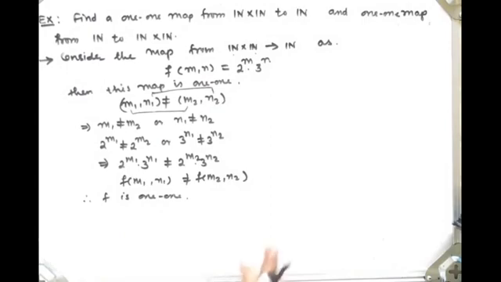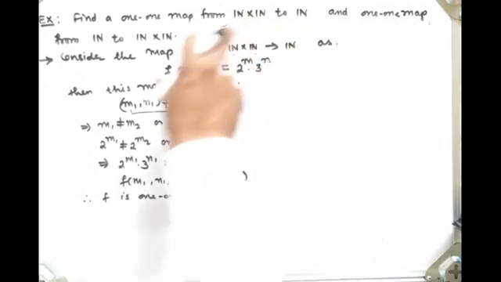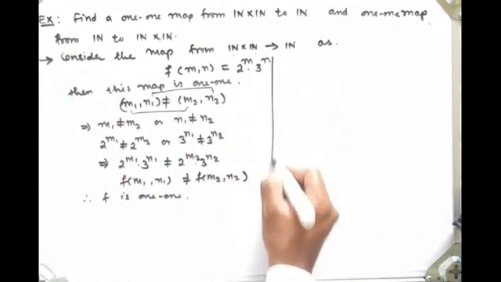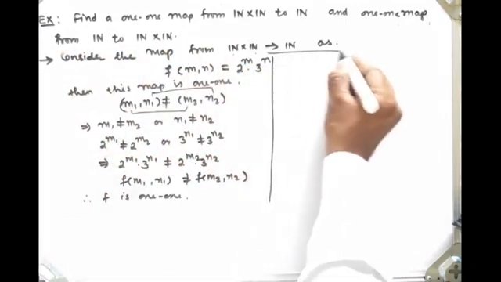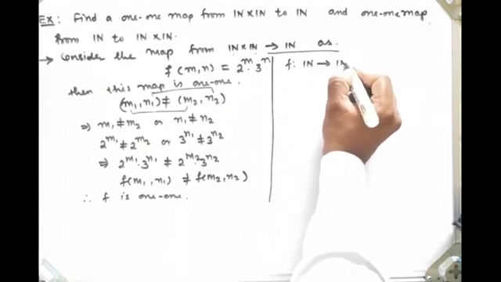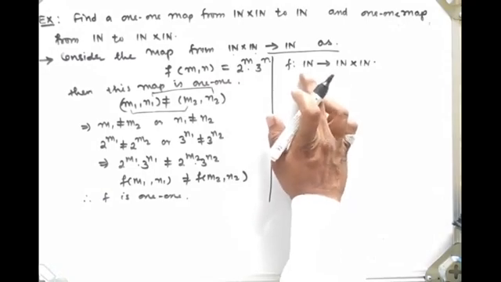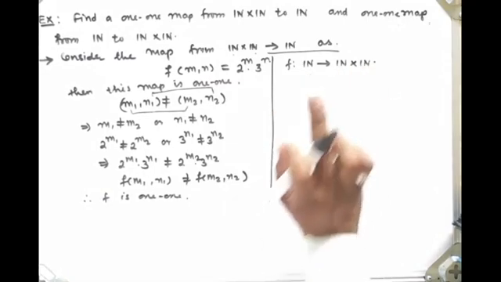Now next, we have defined the first function. Now to define the second function, we have defined f from natural numbers to N cross N, which means the function's domain is natural numbers and the codomain is ordered pairs.